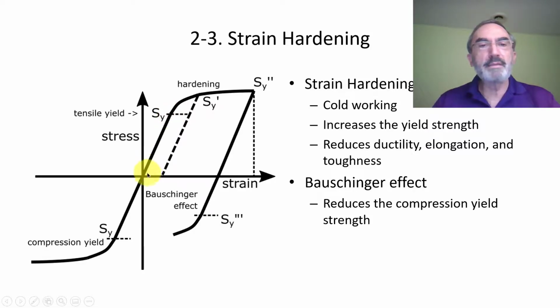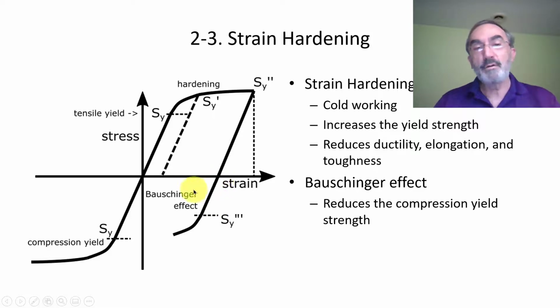Now, once you start playing these tricks, you go all the way here, and now this distance is the same as this distance. So that means that your compression S of Y is much lower. That means that you cannot take this material that has been hardened and put it in a job under a state of stress or load that is tension-compression, because in tension it is great, but in compression it is lousy.